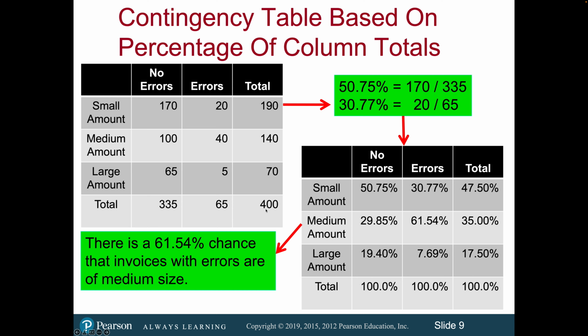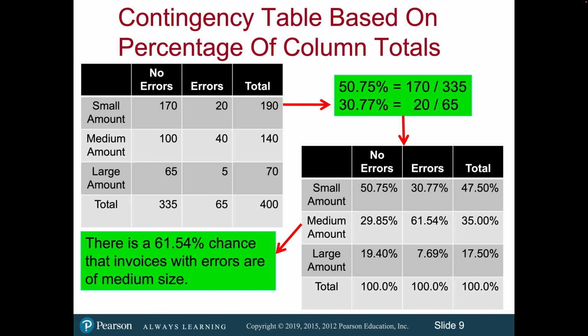So when we do the column total, row total, or overall total, what we divide by is focused on either the overall value, the column total, or the row total, depending on the way we are instructed to create the table.